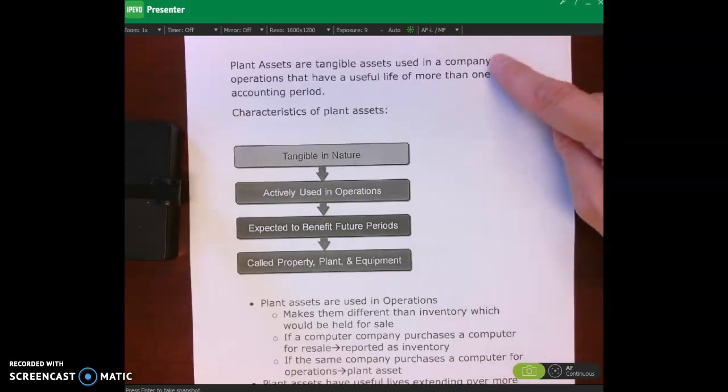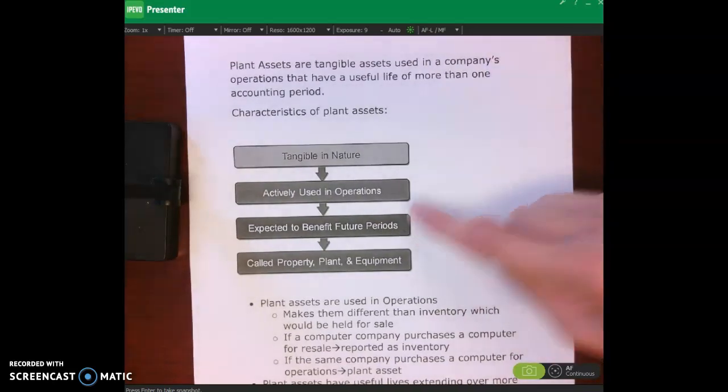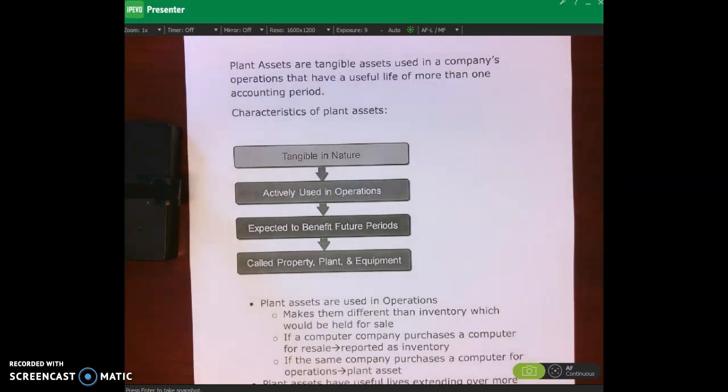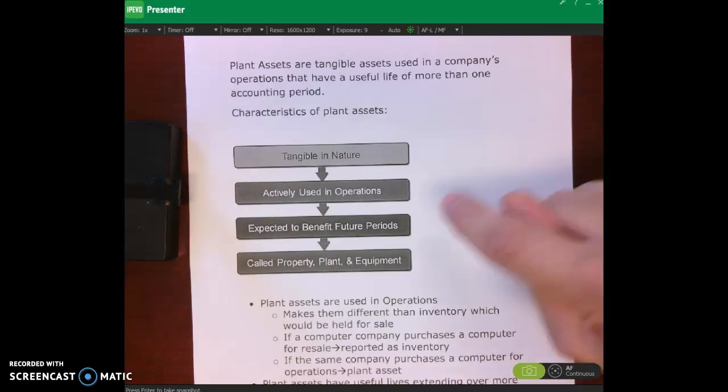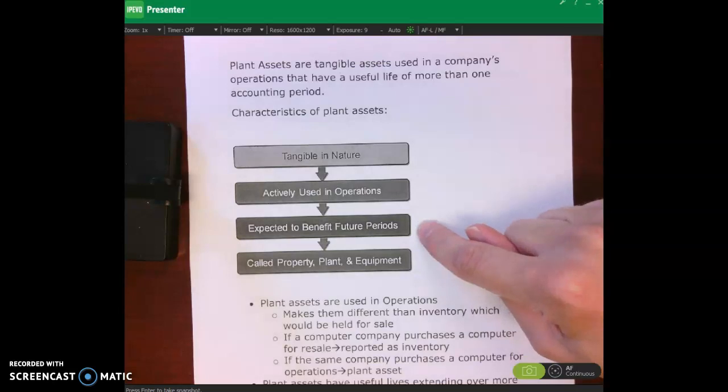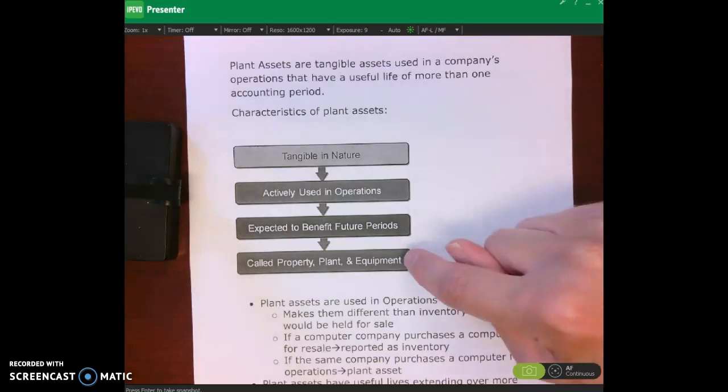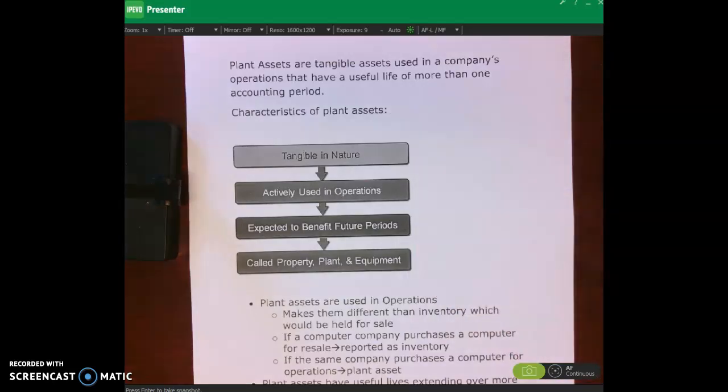That means it has a useful life of more than one accounting period. Does this classroom building, Woodard, are we expecting this to be used to educate students in the future? Yeah, absolutely. So it does have expected benefit for future periods. And then it's also called property, plant, and equipment, also known as fixed assets, okay?